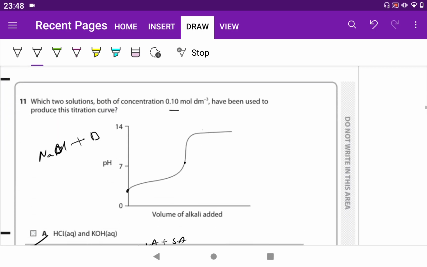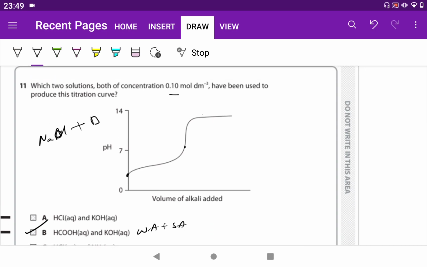Now, which two solutions, both of concentration 0.1 mol dm⁻³, have been used to produce this titration curve? Initially, when no base was added, it was acidic and it is strong because the pH is very low, so the acid should be a strong acid.